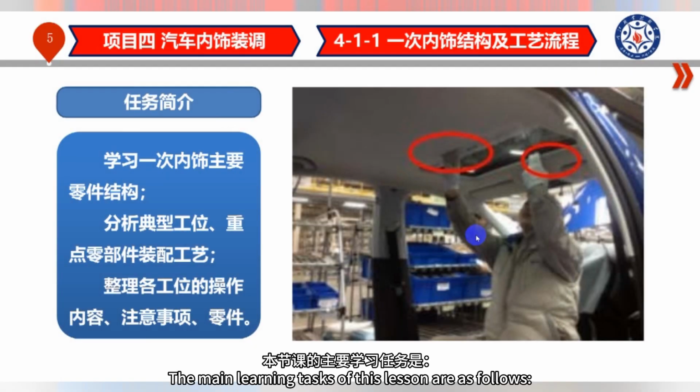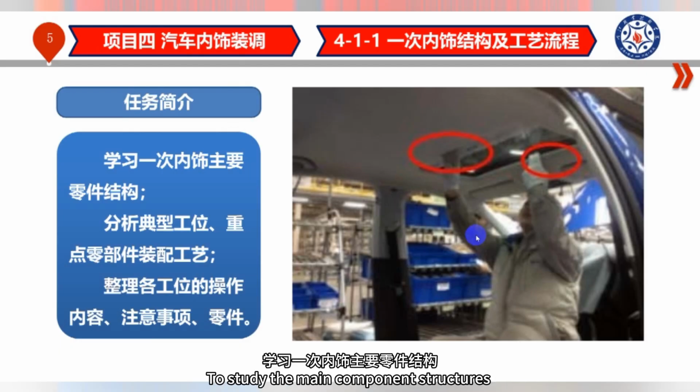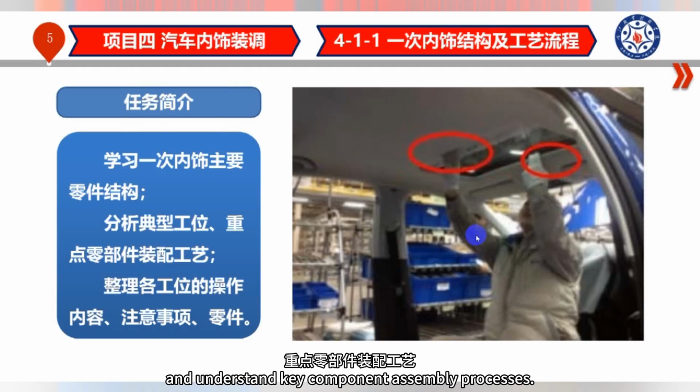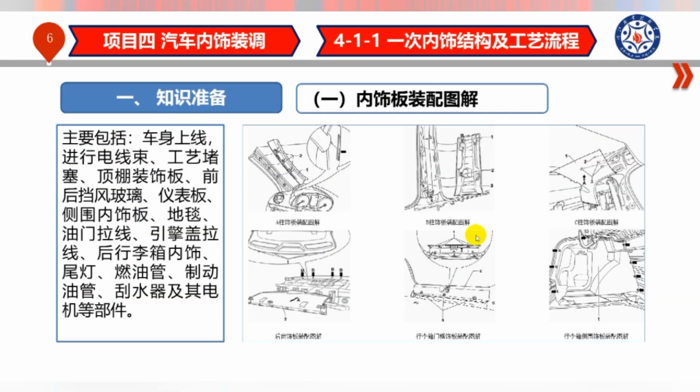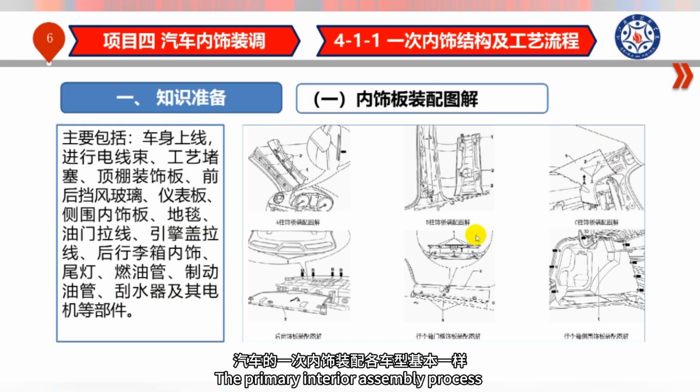The main learning tasks of this lesson are as follows: to study the main component structures of primary interior assembly, analyze typical primary interior workstations, and understand key component assembly processes. The primary interior assembly process is basically the same across different automobile models.